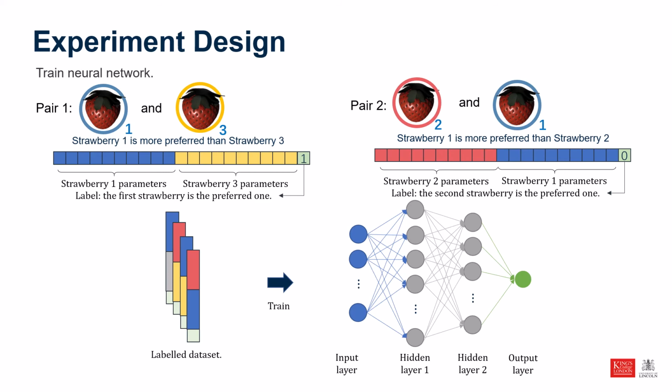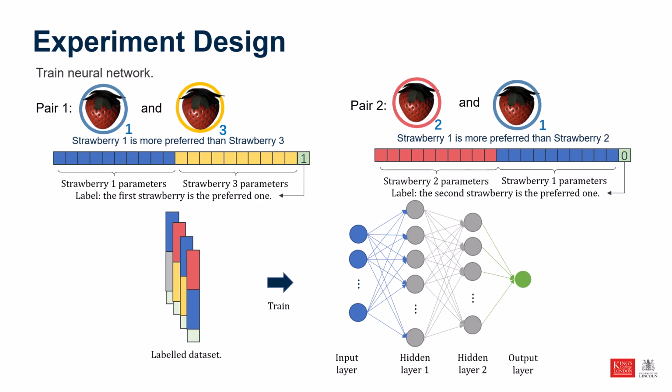Otherwise, if the second strawberry is collected first, the vector will be labeled 0. As shown in this example, strawberry 1 is preferred before strawberry 2 and strawberry 3. So in the left example, the vector is labeled 1, and in the right example, the vector is labeled 0.